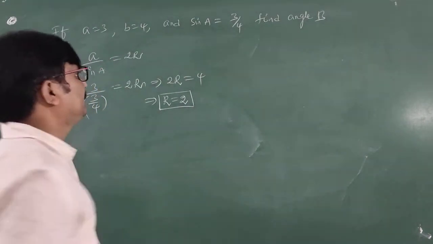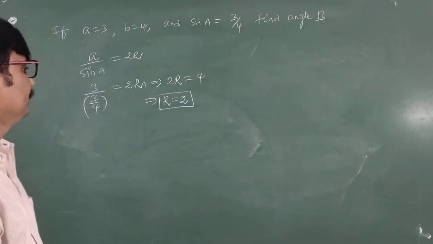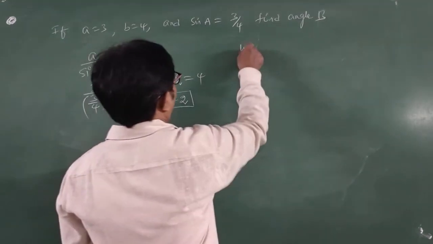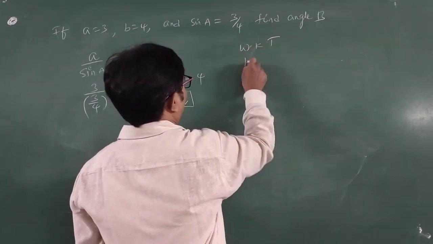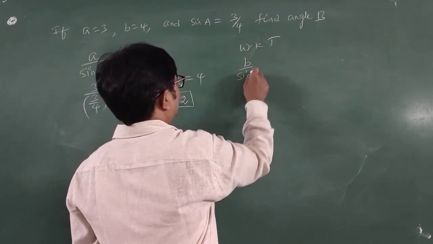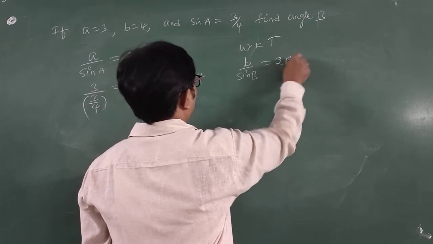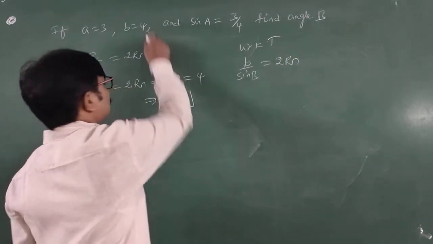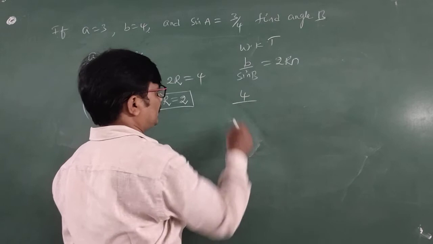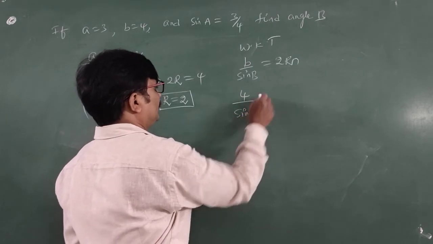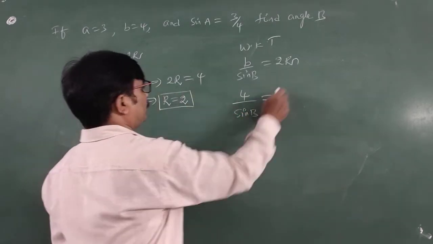Now we find the angle B. So students, we have to know that from the sine rule, b by sin B equals 2R. What is the small b? b is 4, so 4 by sin B equals 2R.